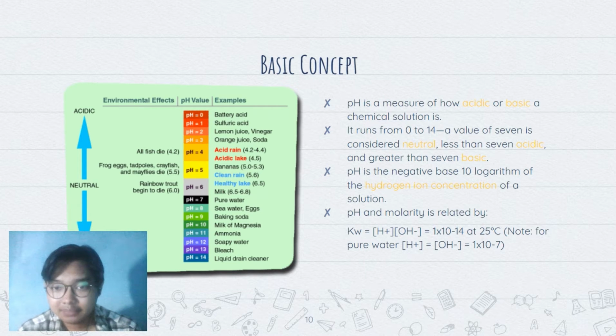pH is described as the negative base 10 logarithm of the hydrogen ion concentration of a solution.